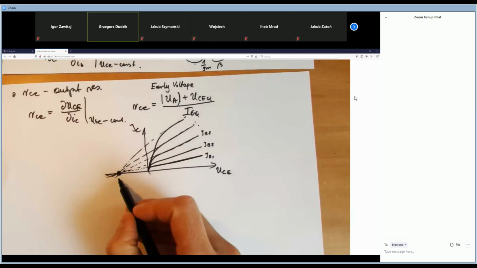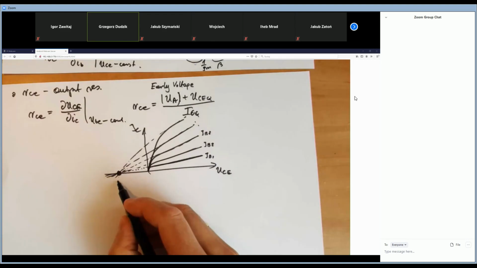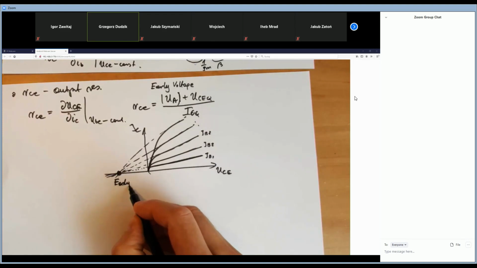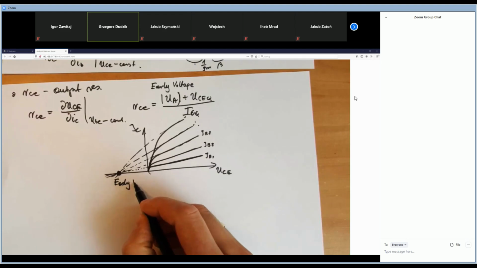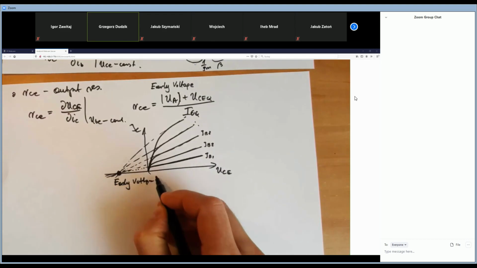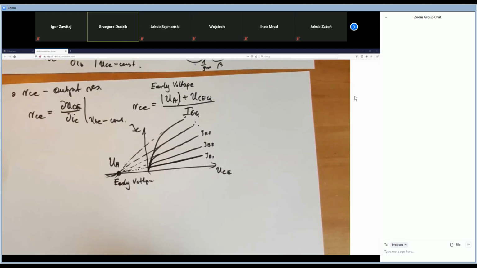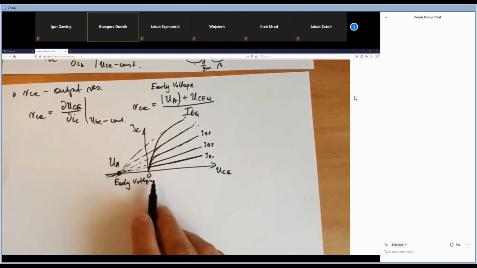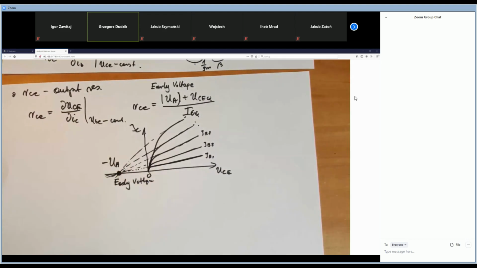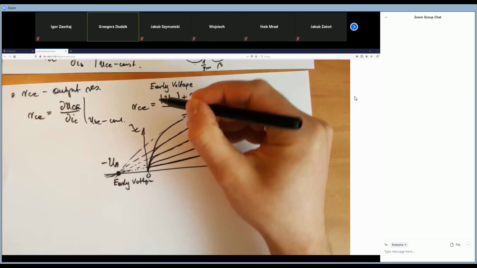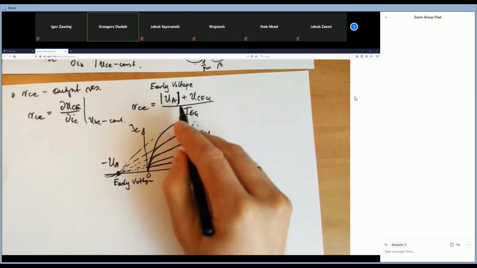And this point is named the early voltage, UA. As you see, because this is the 0 here, UA is negative, it is the minus here. That's why this is the module here.